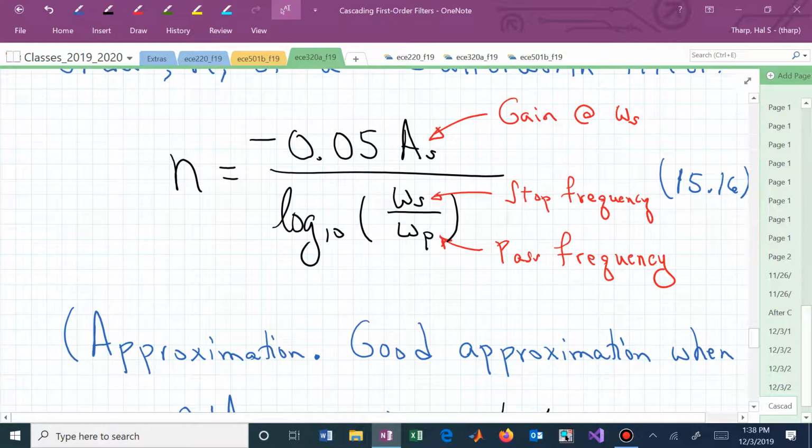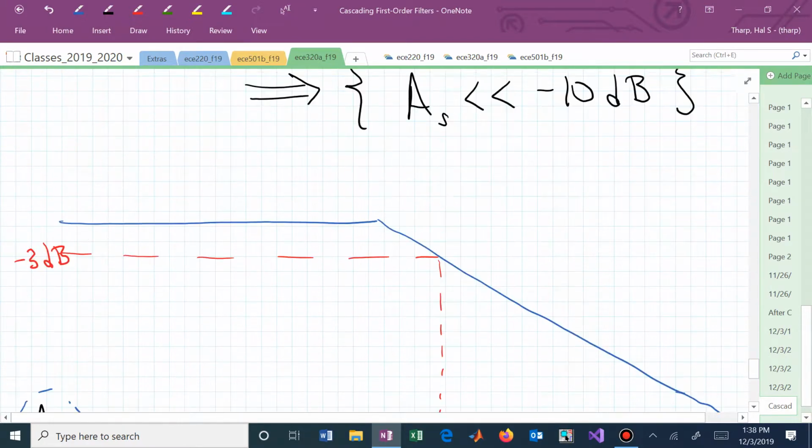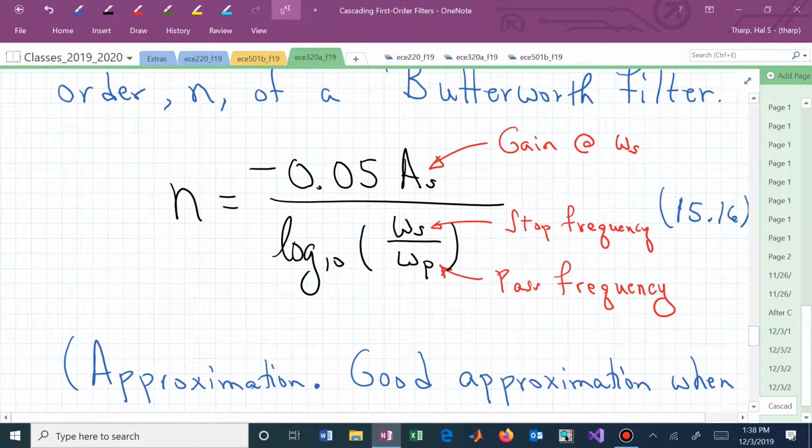So now you have, and how was that determined? But go ahead, plug it in. We have, what was A sub s? A sub s was minus 15. And omega sub s was 300. Omega sub p, or f sub p, was 150. So that's 2.